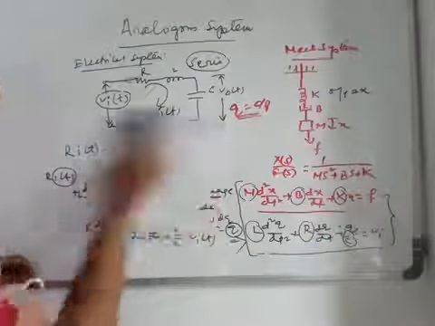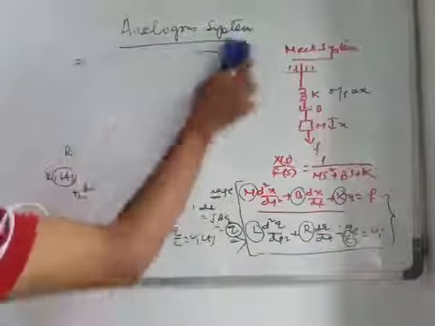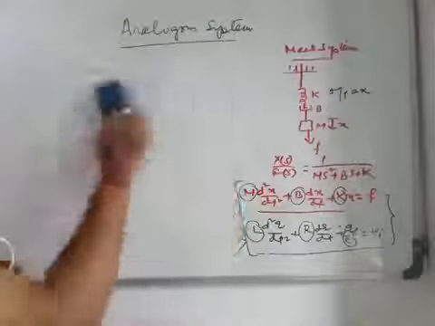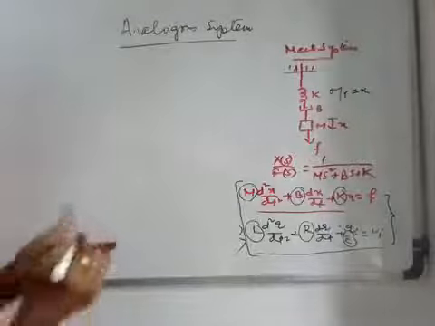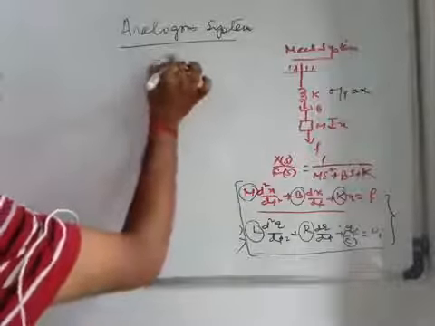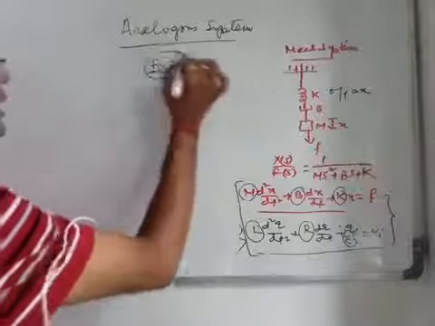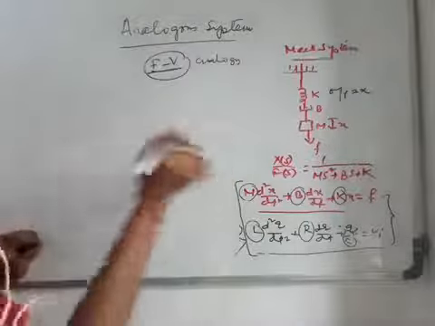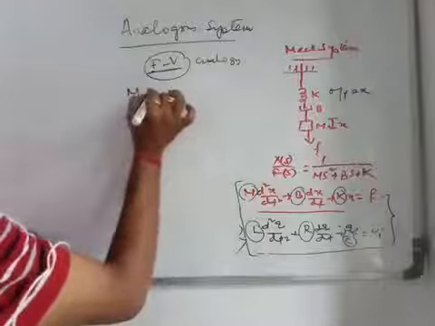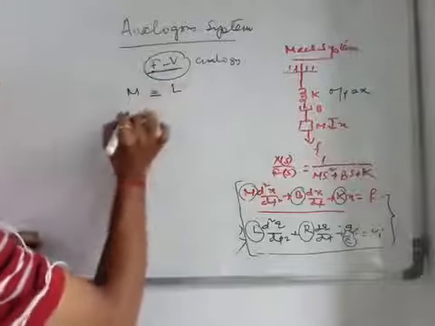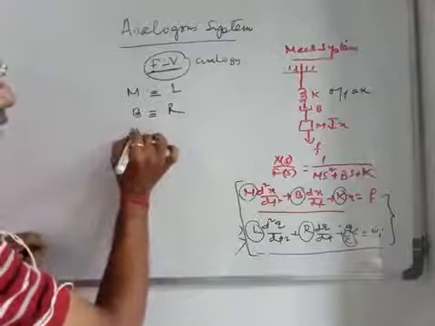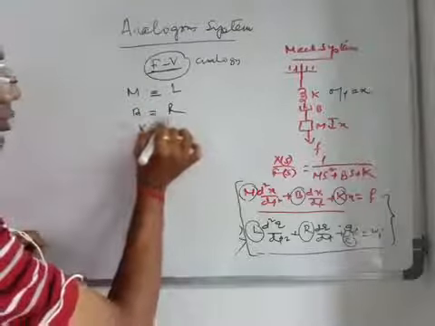So I can simply write the analogy between the parameters: the force-voltage analogy, with M equivalent to L, B equivalent to R, and K equivalent to 1/C.